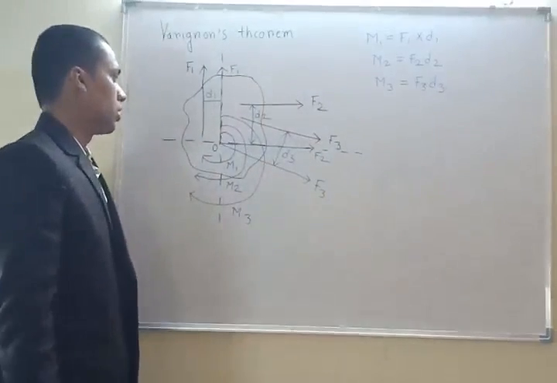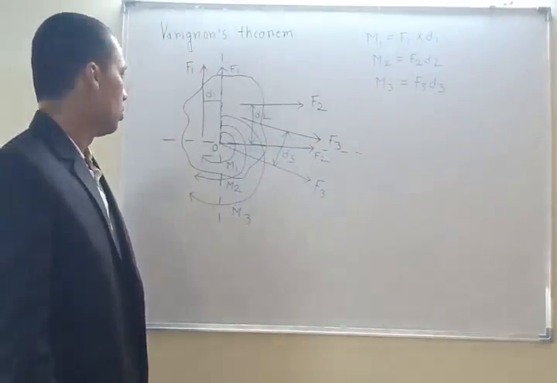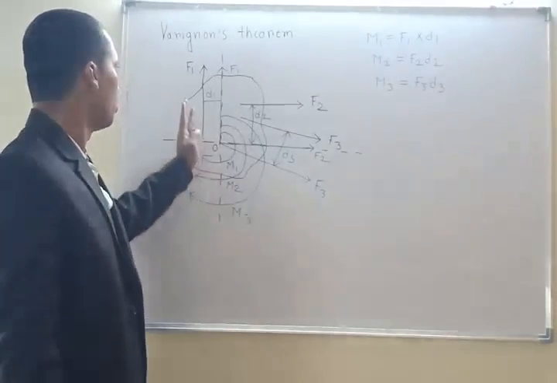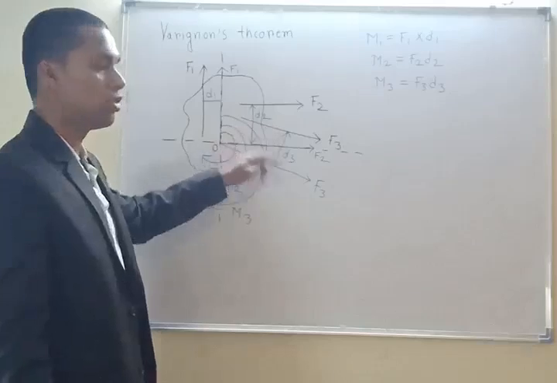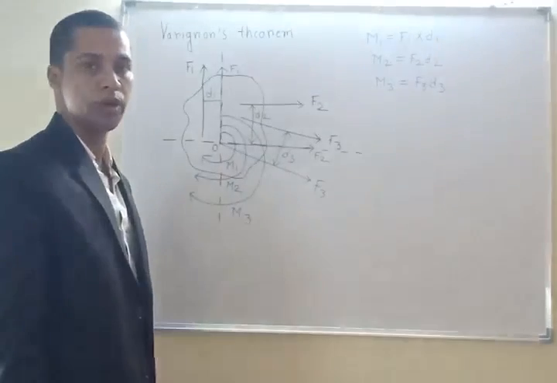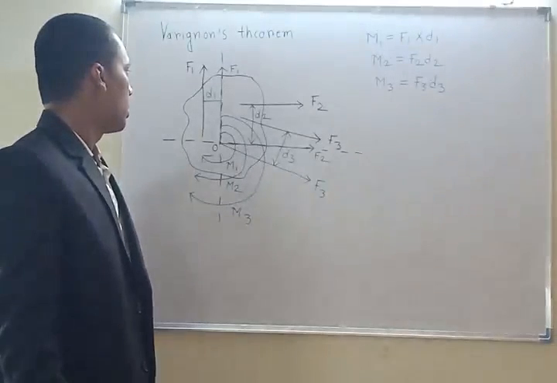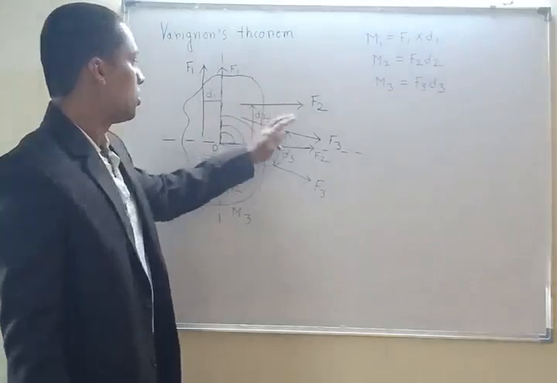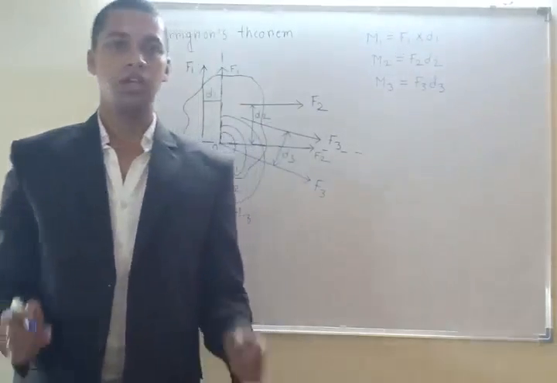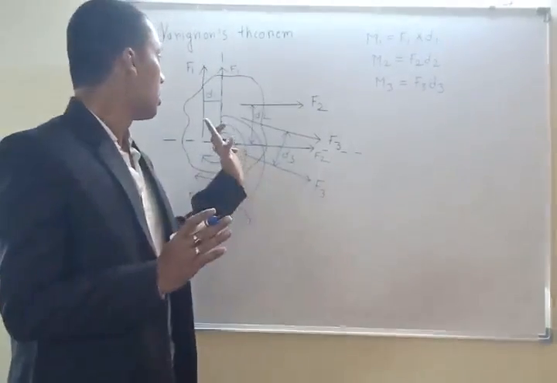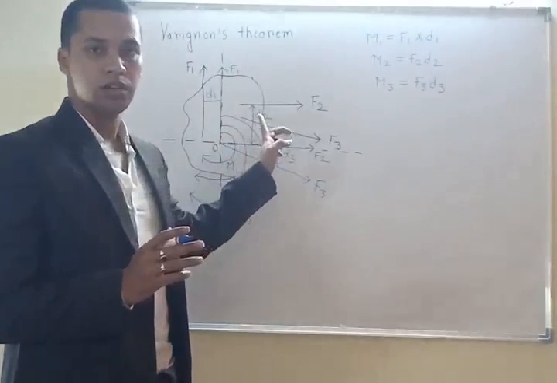Now, due to these forces, we have got forces and also moments. Now what I want to say is that if these three forces were there, then they had to have some resultant.